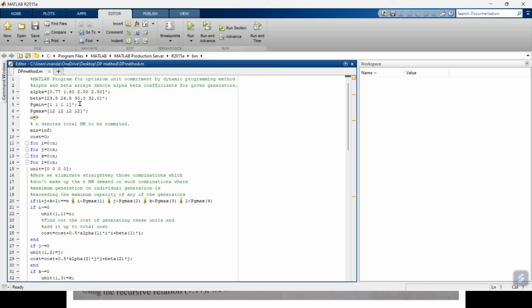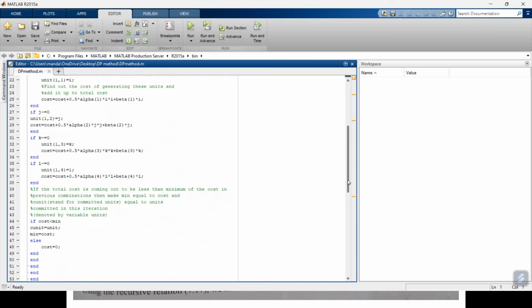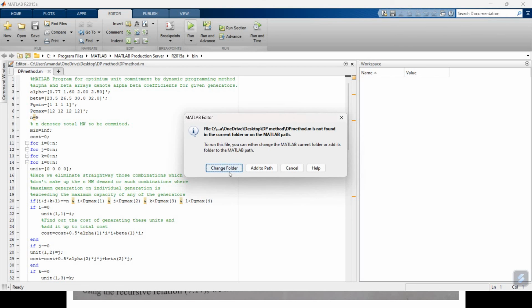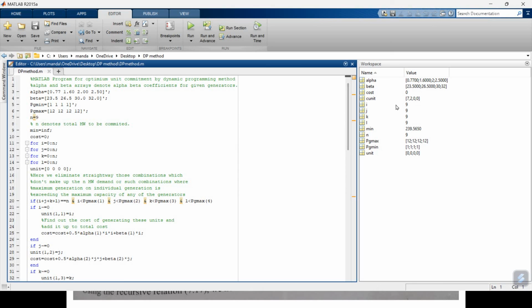PG min is the minimum generating capacity of each unit, which is 1, and PG max is the maximum generating capacity of each unit, which is 12 megawatt, and N is equal to 9. That is, we have to decide the optimal allocation, or unit commitment, if the load shared by the generators is 9 megawatt. And this is the MATLAB program to run this simulation. If I run this program, then you will get the output in the workspace.